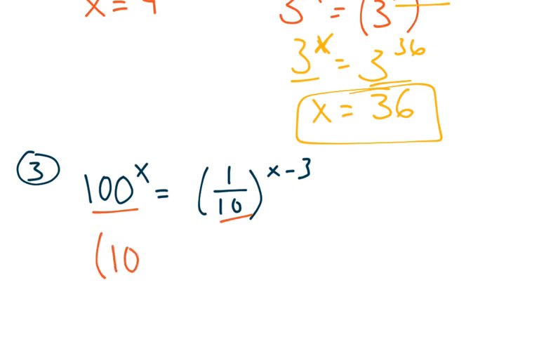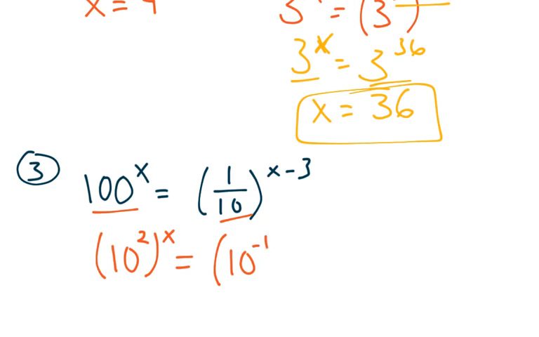So 10 to the what power? We need to figure out an exponent. 10 to the what power gives us 100? If you're looking at your half sheet, or this might be a fact you already know, that would be 10 squared. 10 squared is 100, so we'll have 10 squared to the x power. 1/10 is the reciprocal of 10. The exponent that means reciprocal is -1.